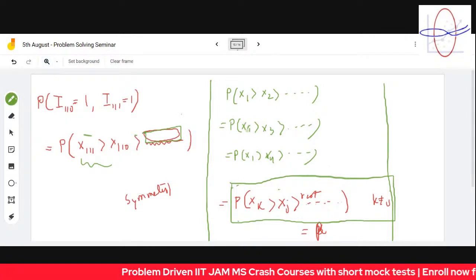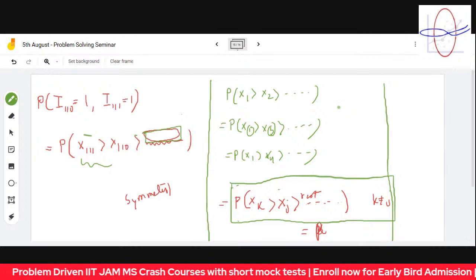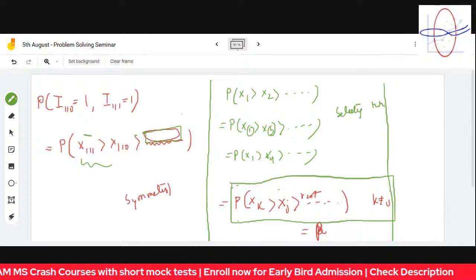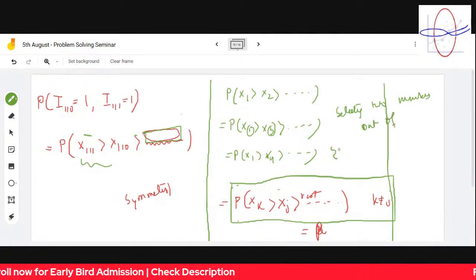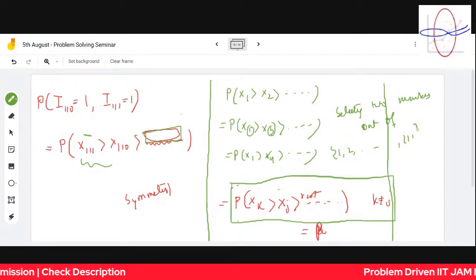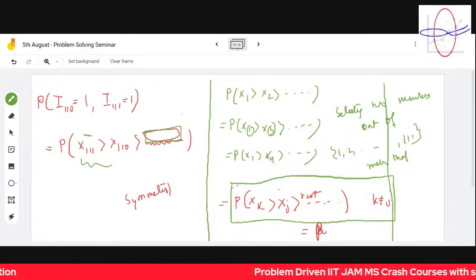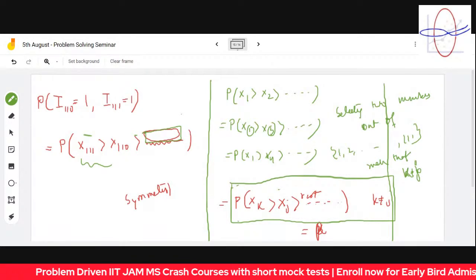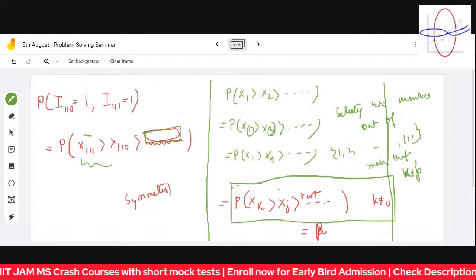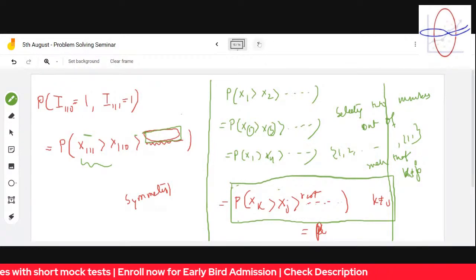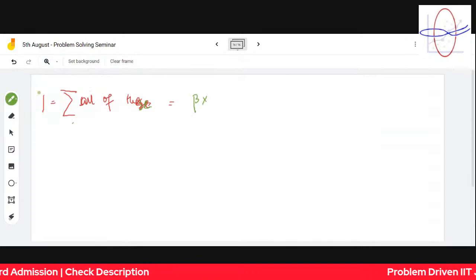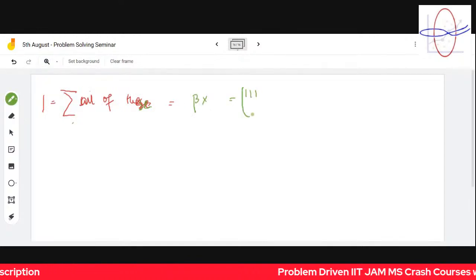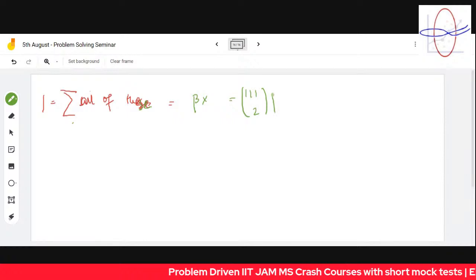We are selecting any two indices such that they are not equal, two numbers out of 1 to 111, such that k is not equal to j. How many ways of doing that? Perfect, 111 choose 2. So it's actually 111 choose 2 times beta.